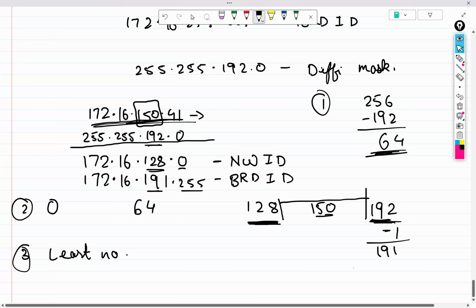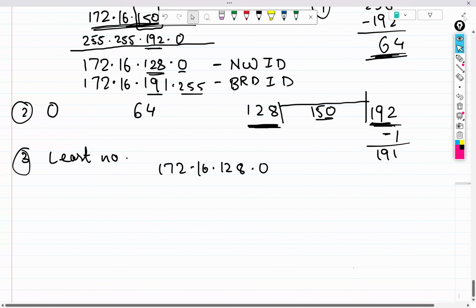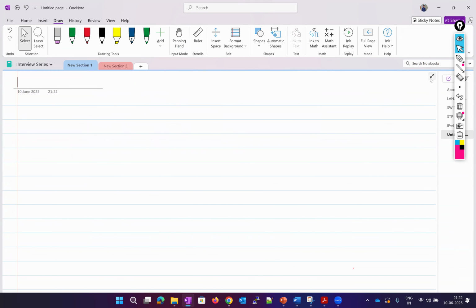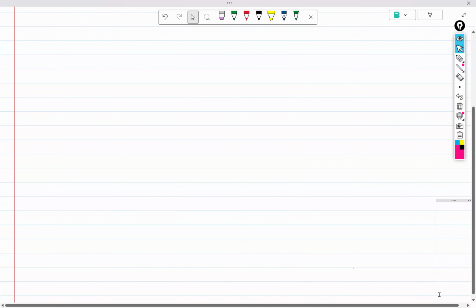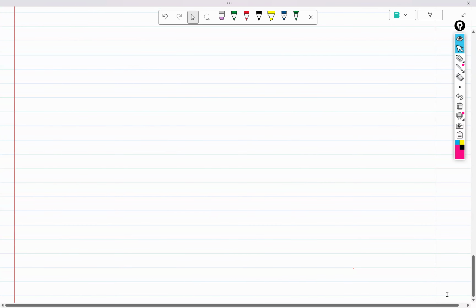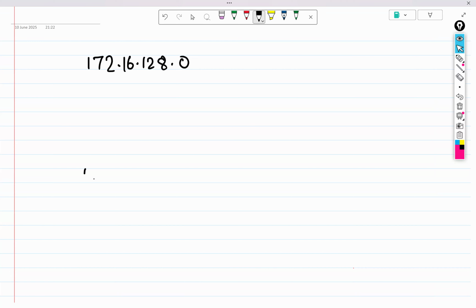So this IP address's network ID or subnet starts at 172.16.128.0 and ends at 172.16.191.255.